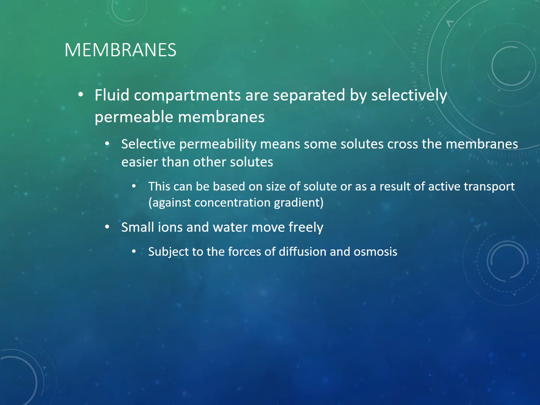Small electrolytes, small ions, even non-electrolytes, water, all of those things pass through very easily, partially because they are small. But larger solutes can still pass, but some membranes will let them pass a little easier than others. However, there are some where they won't pass without help.